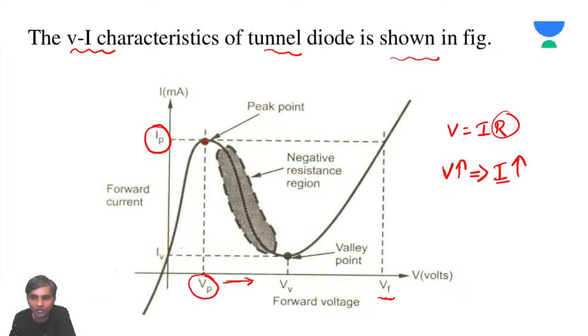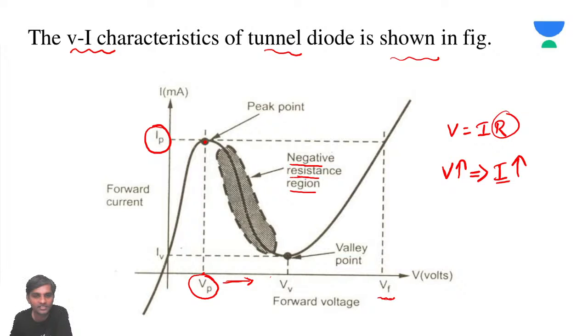But here it is happening inversely. The current is decreasing with the increase in the value of the voltage. So this region is called the negative resistance region.